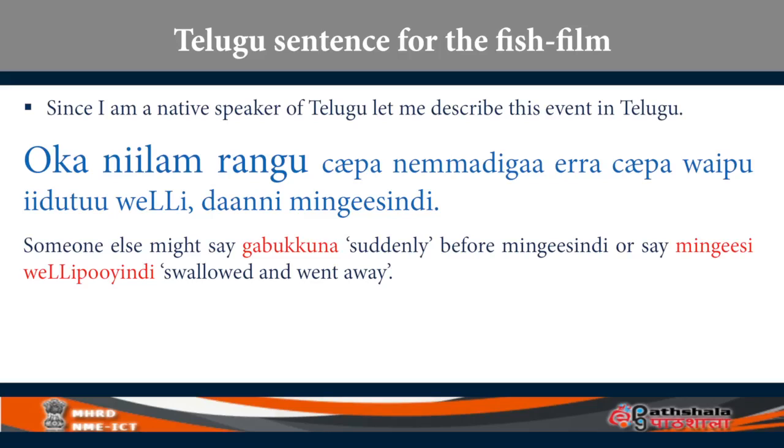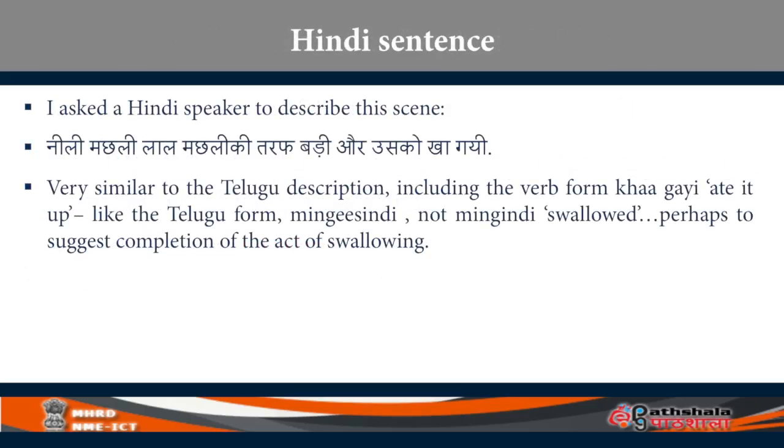Now I took this film and showed it to a Hindi speaker and said, please make a sentence for me. And that person said, नीली मछली लाल मछली की तरफ बढ़ी और उसको खा गई. Very similar to the Telugu description at one level, including the verb form खा गई, ate it up, like the Telugu form mingesindi. Notice mingu is swallow.